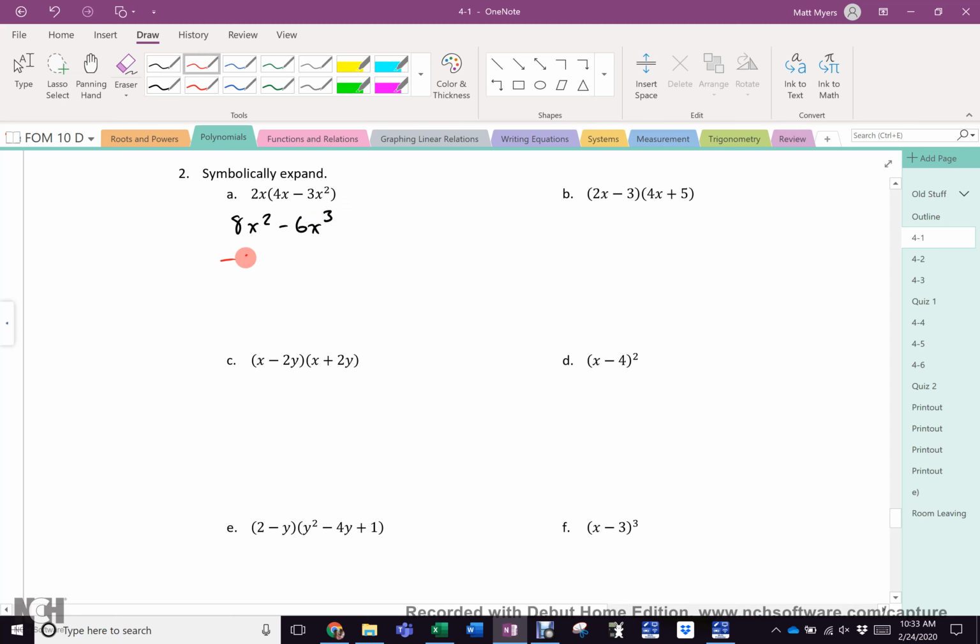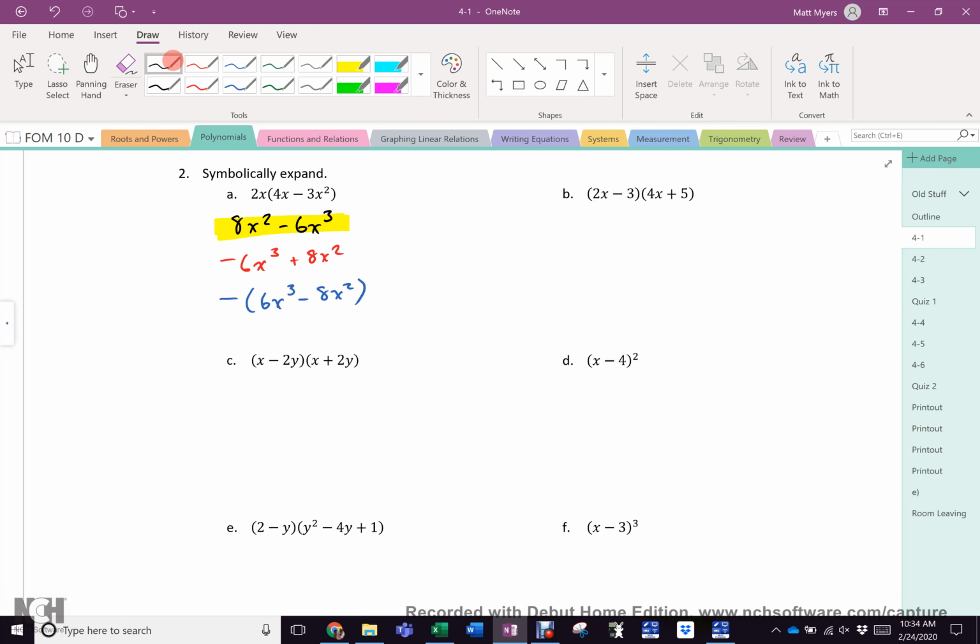So really, you could write this as negative 6x cubed plus 8x squared, and we don't like having a negative number at the front. So in a little bit, after we get further into this unit, you're going to recognize that the best possible answer for this is negative 6x cubed minus 8x squared. And I'll teach you that later on. But right now, if you got that, you are doing this perfectly. Okay?